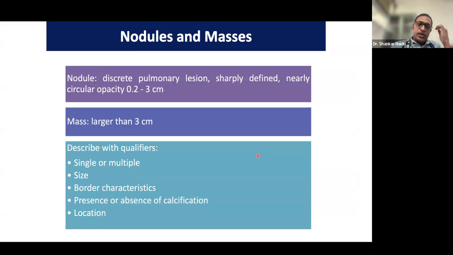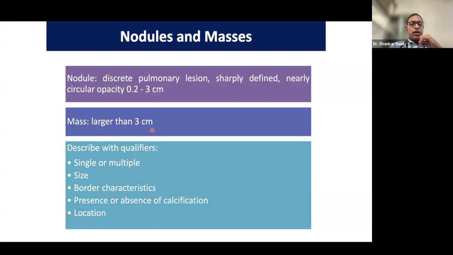So other than the interstitial changes, there may be small nodules or larger masses. We say nodules when the size is between 0.2 to 3 centimeters. They are usually discrete pulmonary parenchymal lesions with sharply defined borders, and usually circular in opacity, whereas masses are larger than 3 centimeters with similar characteristics.